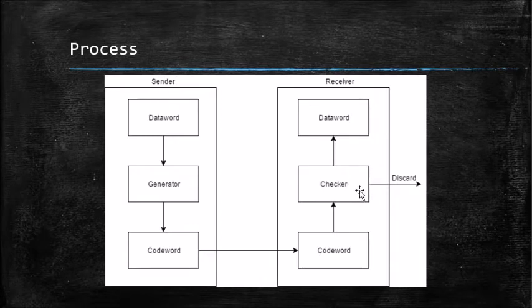If the remainder is 0, that means the code word is correct, not altered. If it is 1, it means there's an error. So if there is no error, the checker will discard the check value.